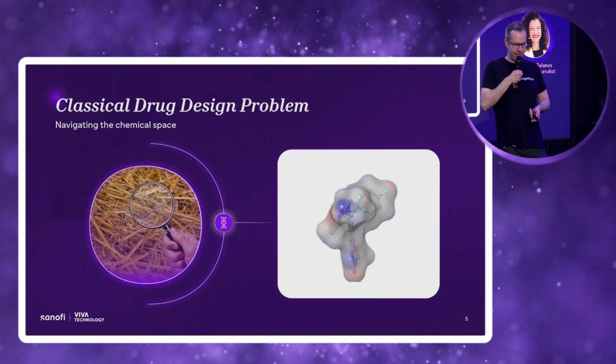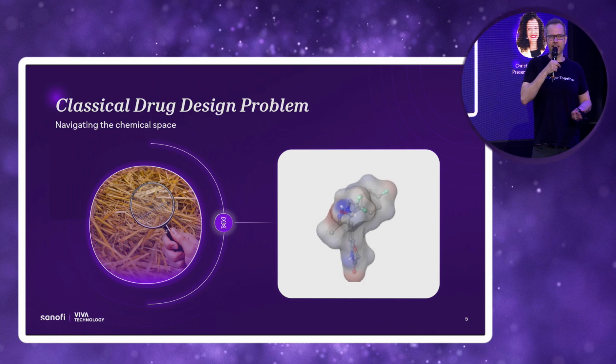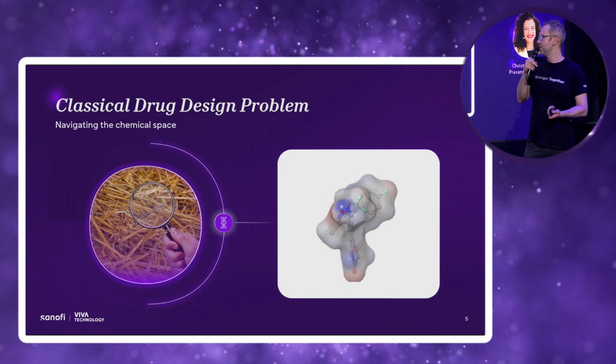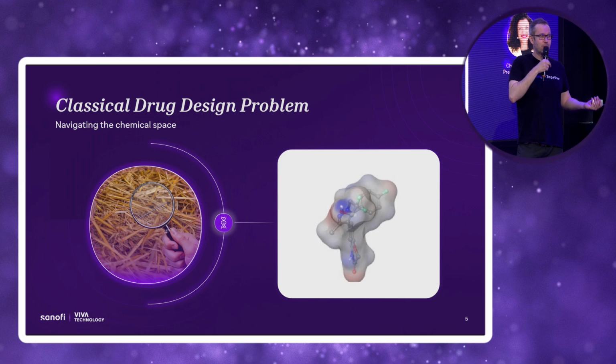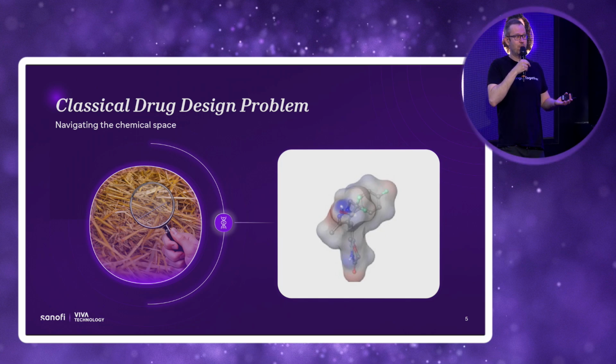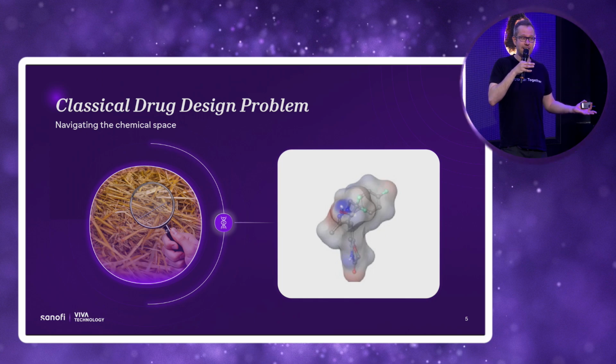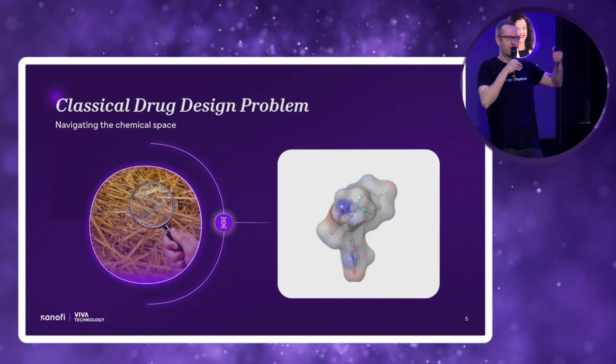And this is why I'm drawing a small picture here in order to explain it. It looks like searching for a compound is finding a needle in a haystack. But that's also not true. It's actually a couple of haystacks with a lot of needles, because you have a lot of chemical spaces, and in each space you want to find it.